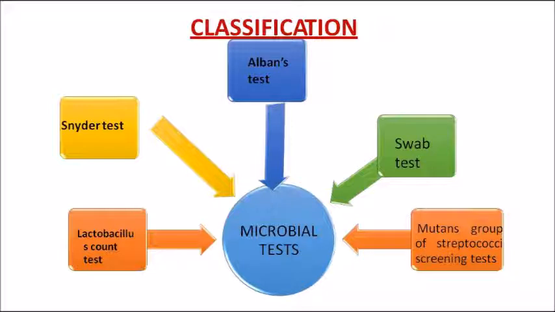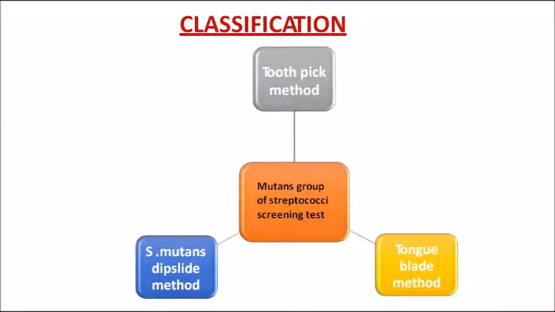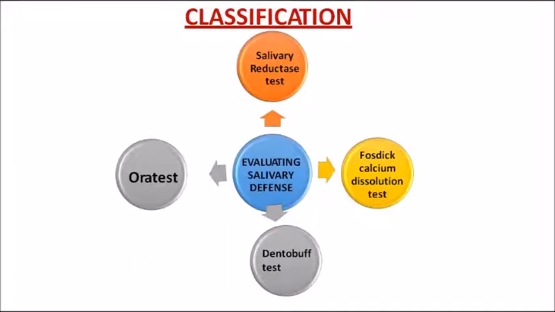Under the mutans group of streptococcus screening test, we have three methods: toothpick, S. mutans dip slide method, and tongue blade method. Next, for evaluating salivary defense, we have salivary reductase test, Orato test, Dentobuff test, and forced calcium dissolution test. So these are the caries activity tests that we are going to learn.